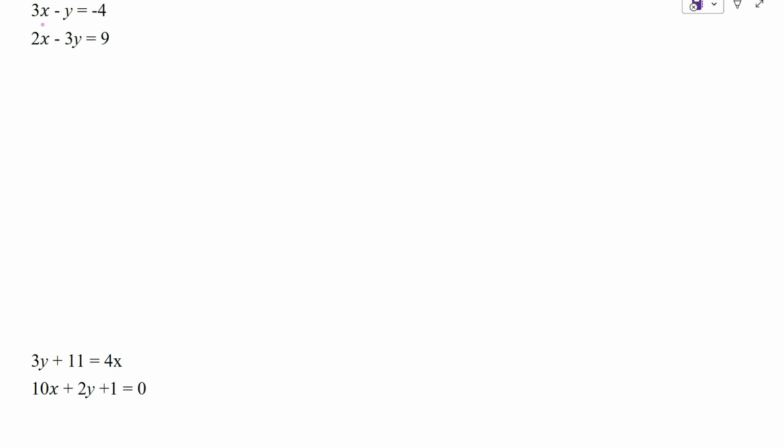Now we can go with either one. I'll do x for now. So I'll times this equation by 2 and this equation by 3 to give us 6x on both of them. So times by 2, times by 3.